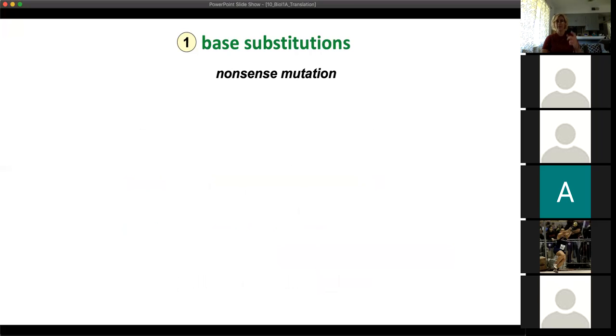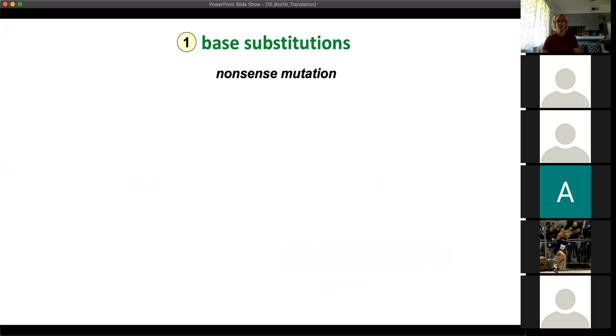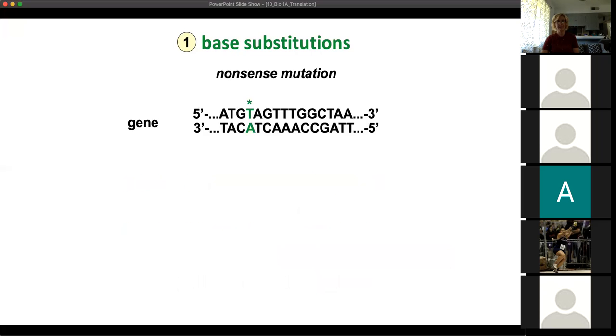The final base substitution result is going to be what we call a nonsense mutation. In this case, we have swapped the fourth nucleotide from an AT pair. So it was AT, now it's TA. That is going to change our transcript.